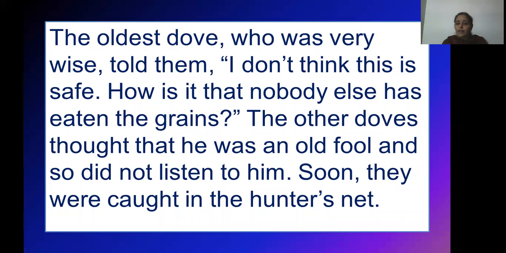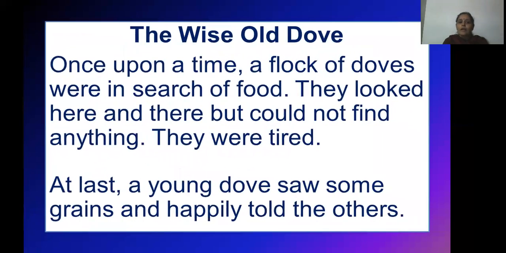Okay. So what did we understand till here? Let's see. Once upon a time, a flock of doves were in search of food. They looked here and there but could not find anything. They were tired. Next para. At last, a young dove saw some grains and happily told the others.